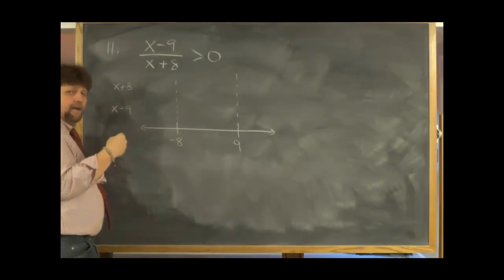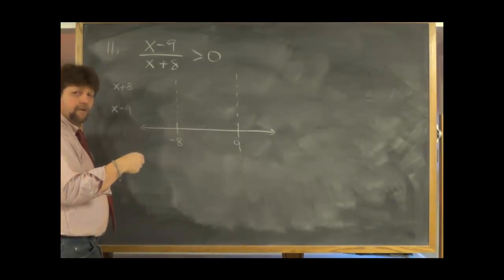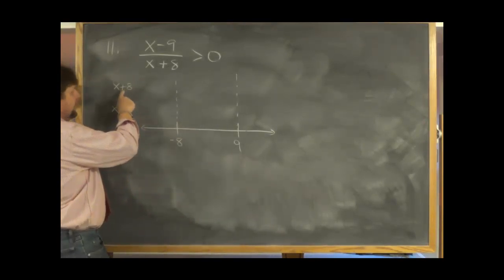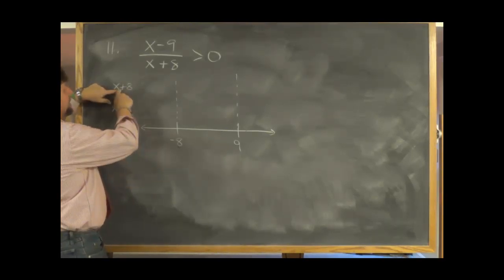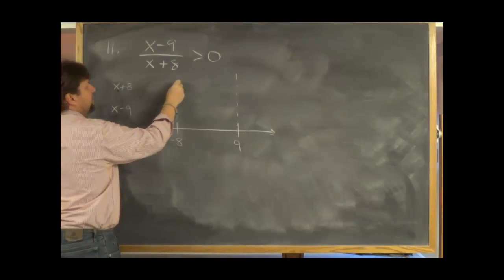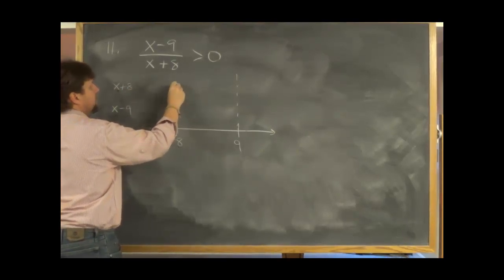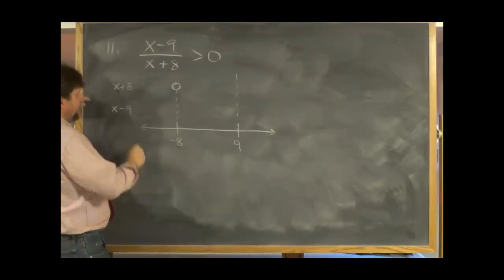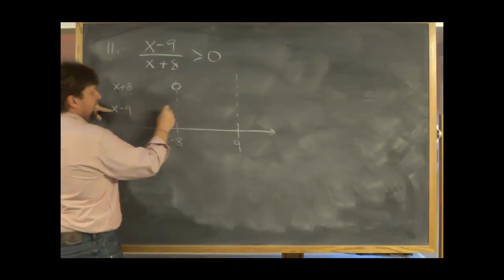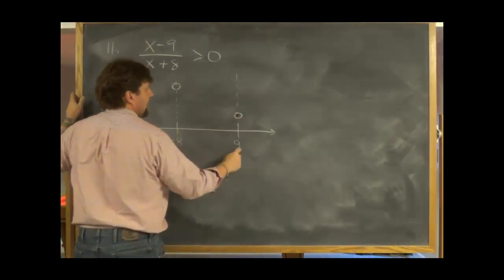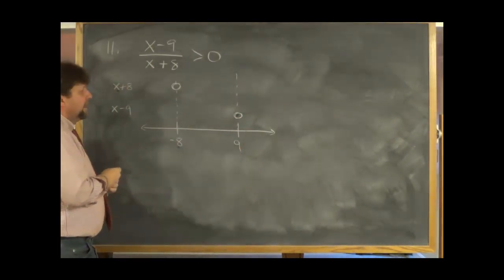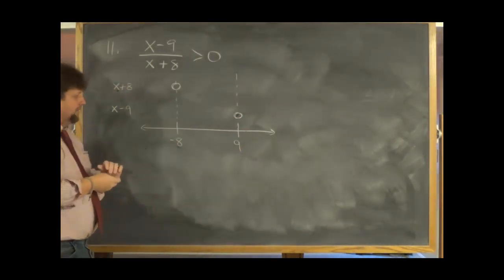Then I find where my numerator and denominator are equal to 0. In other words, x plus 8 has a value of 0 at negative 8. x minus 9 has a value of 0 at 9.